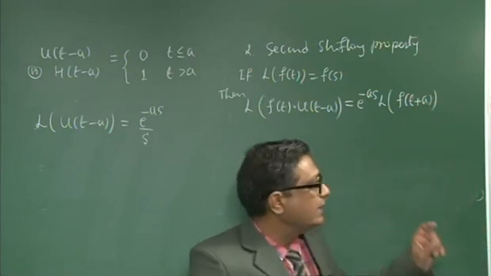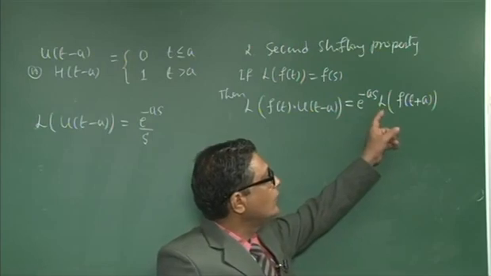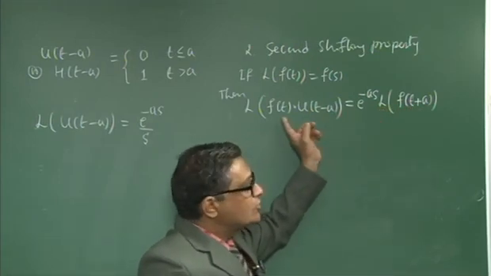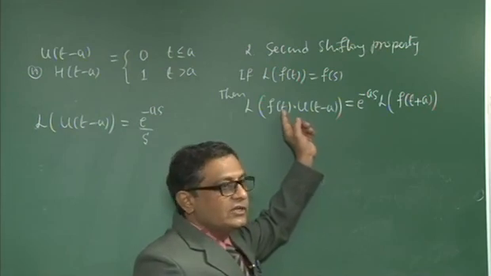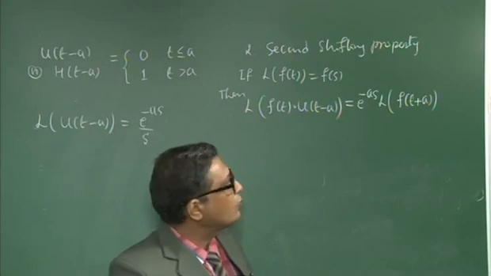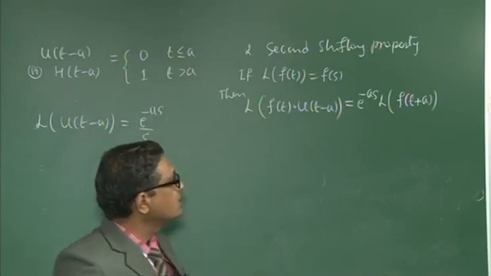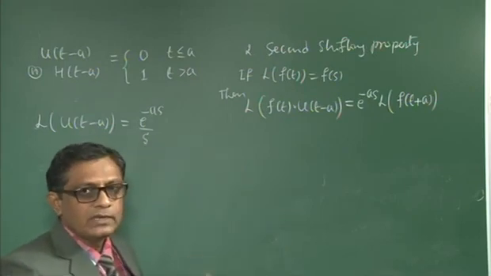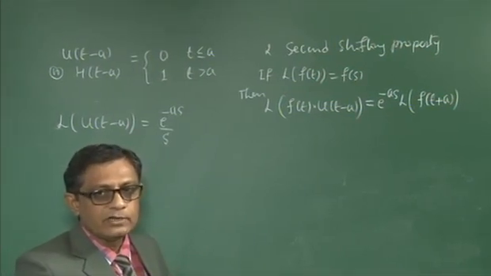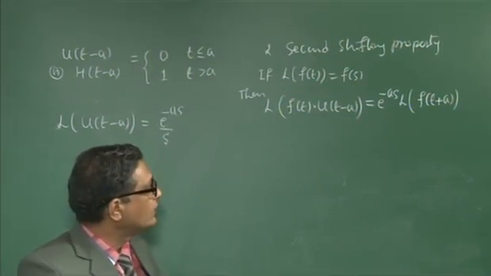Now, in the function, t changes to t plus a. This is the formula you have to remember. This one also we can prove by using the definition of Laplace transform only, a very simple proof.